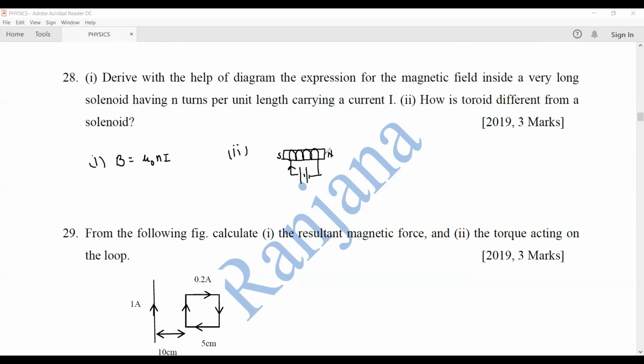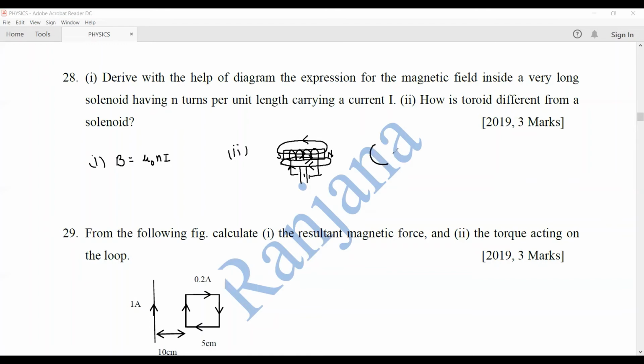And looking from the other face, the current will be in the anti-clockwise direction and the other end will become the north pole. Now the magnetic field lines are from north to south outside, and inside they travel from south to north. So it is exactly the same as the bar magnet. The magnetic field lines are similar to those of the bar magnet.